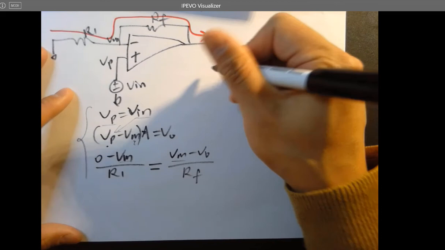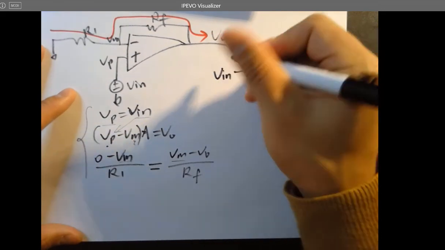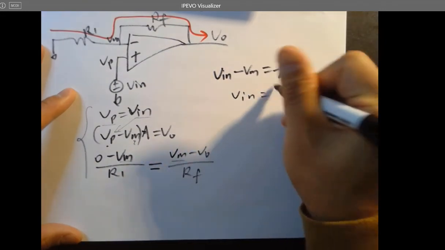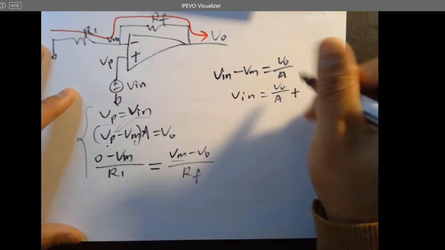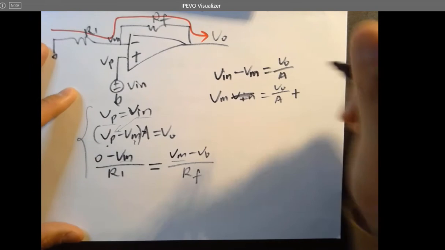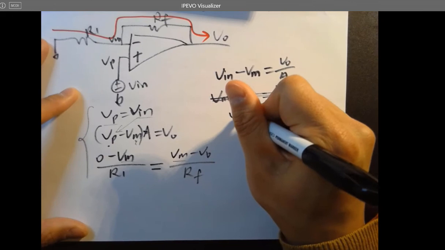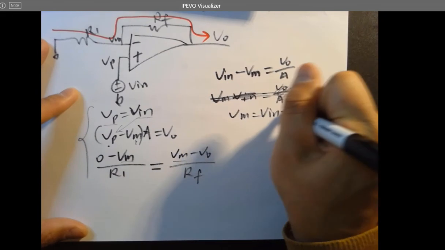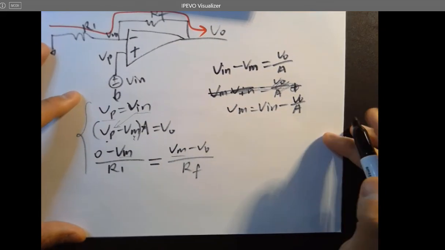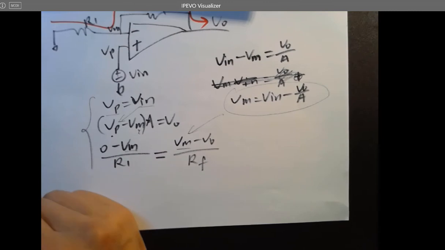So what you're getting is V in minus VM equals VO over A. So VM, we're calculating VM, sorry, equals V in minus VO over A, all right? And then you can substitute VM in here for the result.